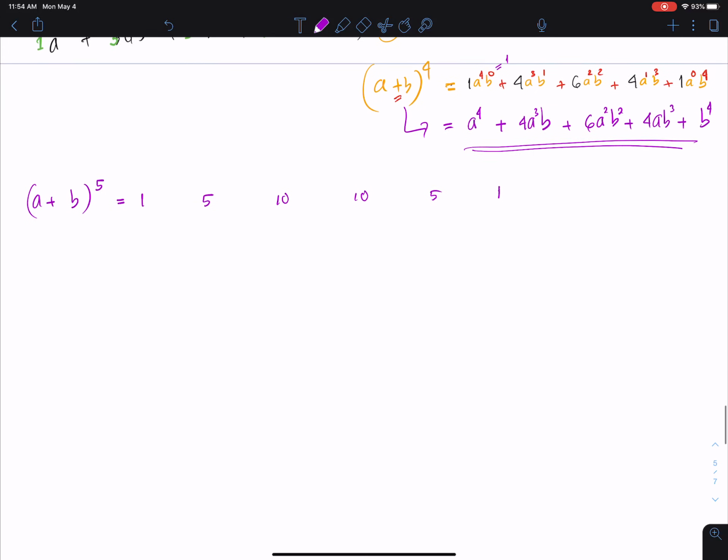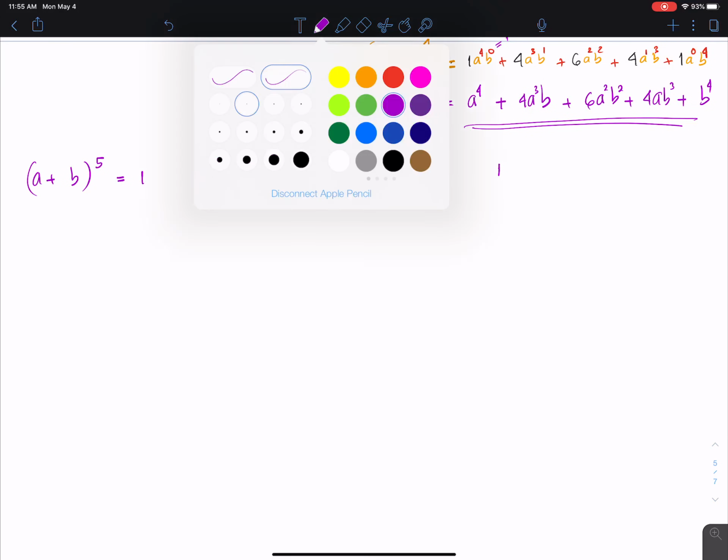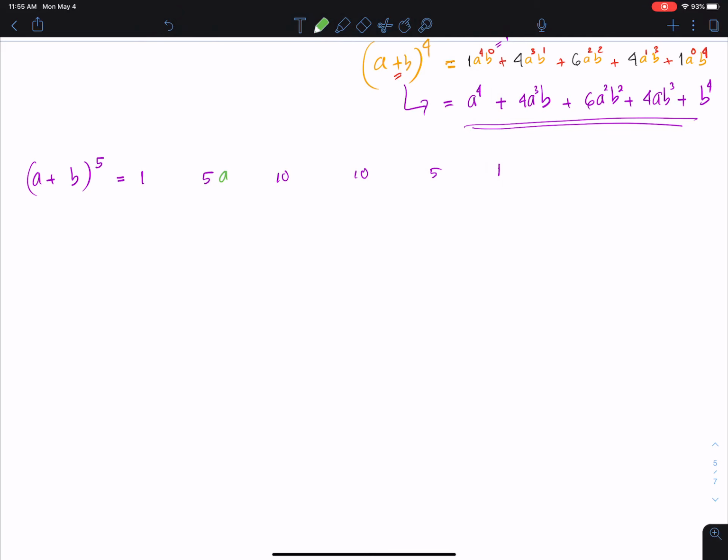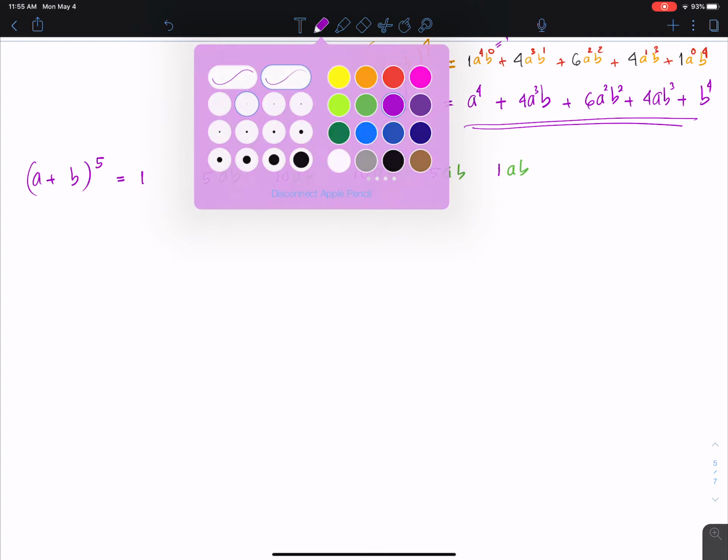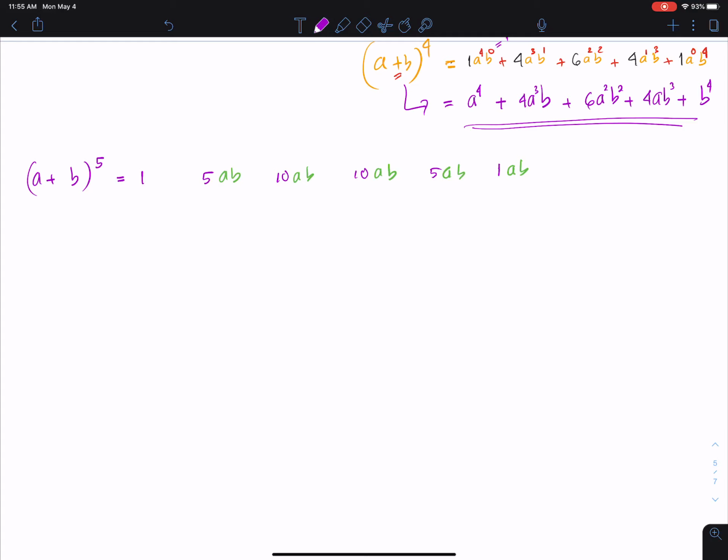Okay, then we'll put the a and b in each term. The next one, I'm going to put the powers: 5 0, 4 1, 3 2, 2 3, and then 1 4.